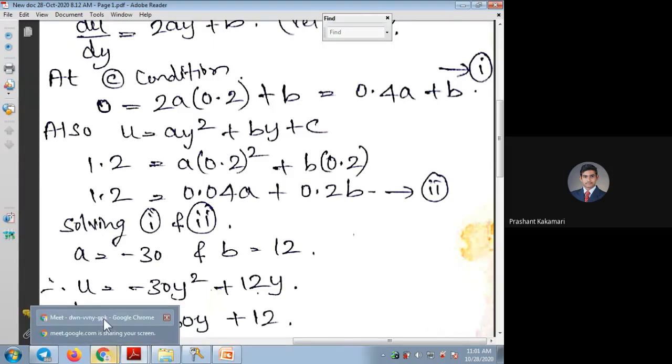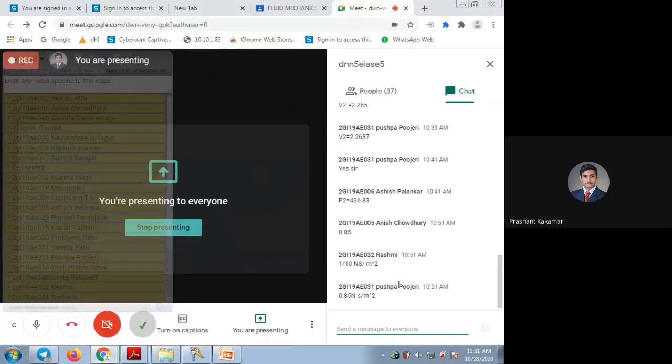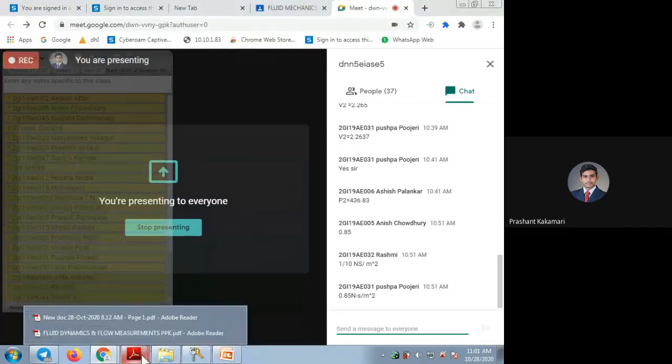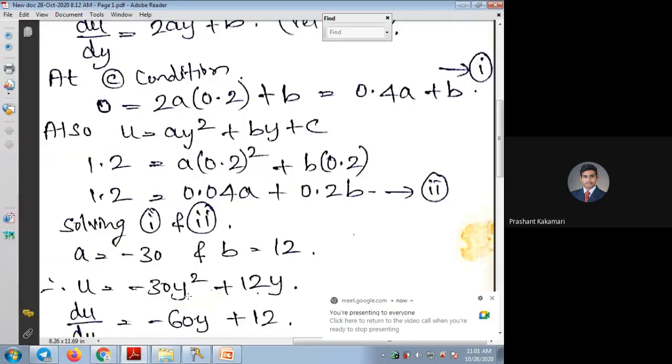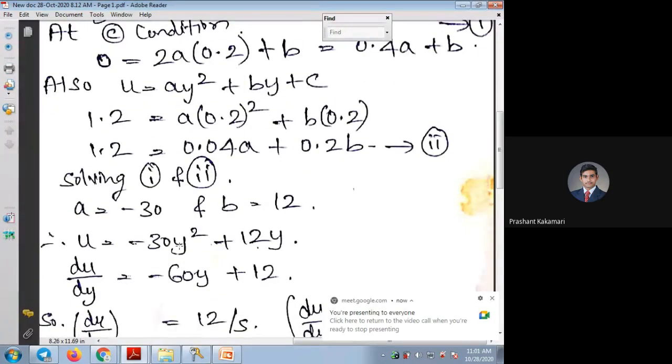Please check the constants a and b, how much you are getting by these equations. Are you getting minus 30 and 12?